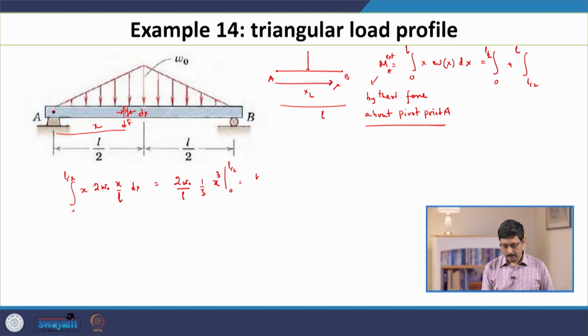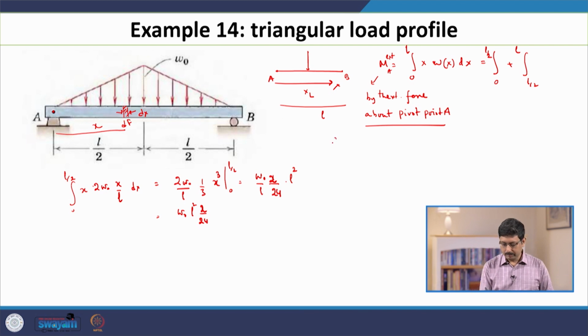So, that will give us W naught by L times L cube, so we will get an L square. This 2 coming from the top, and 1 by 3 divided by 1 by 8 is 24 times L square. So, that will give us W naught L square by 2 by 24.